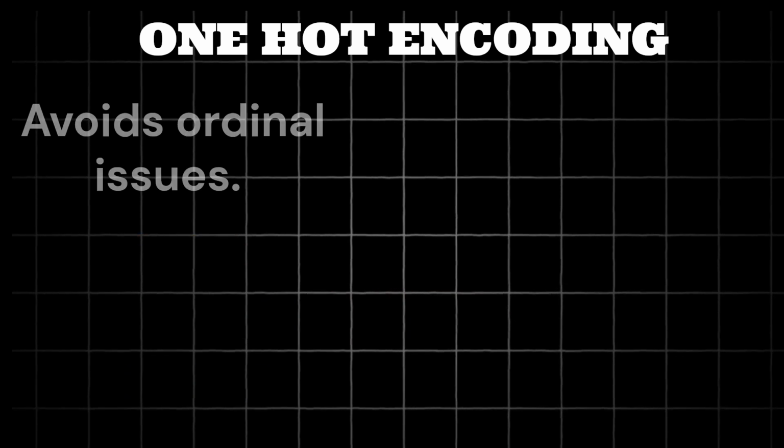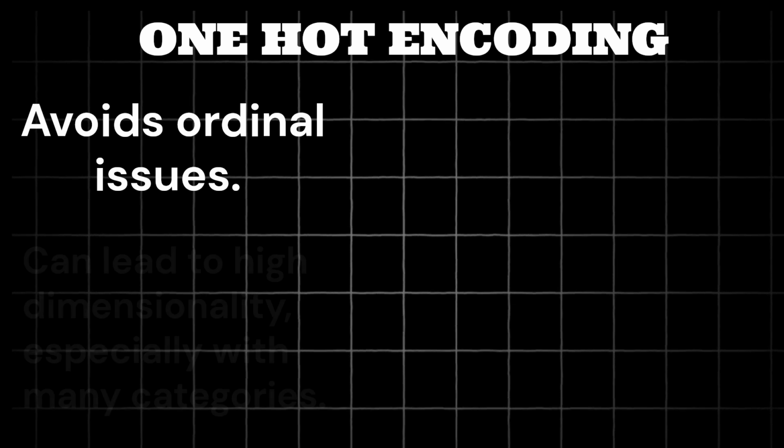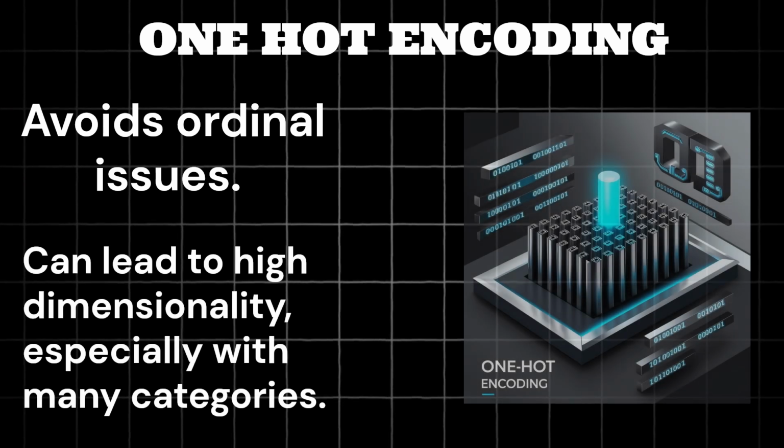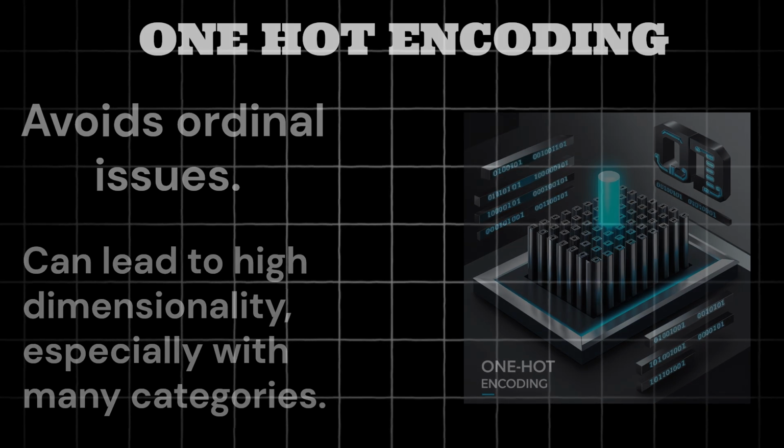One hot encoding prevents the unintended ordinal relationship we discussed earlier, but it comes with its own downside. It can lead to a high dimensional feature space, especially when we are dealing with a categorical feature that has many categories. This is known as the curse of dimensionality, and it can make the model more complex and slower to train.